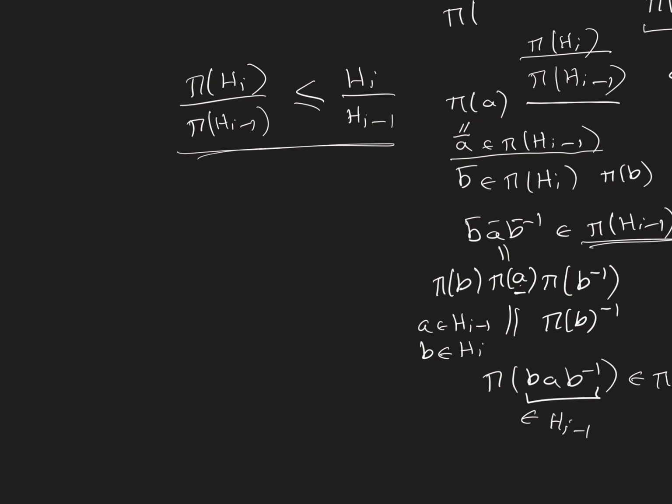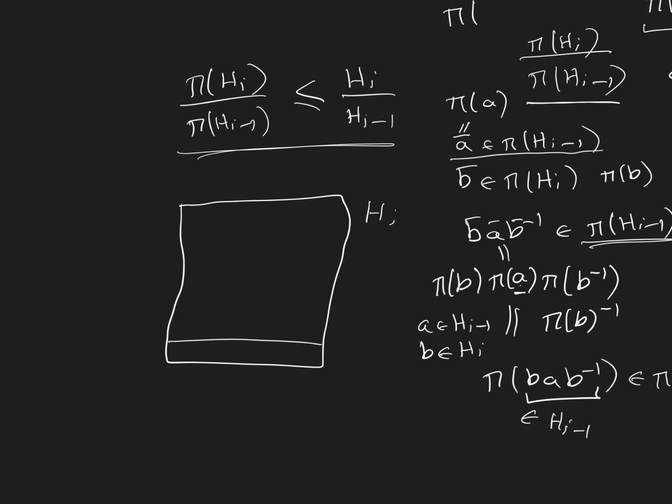It's because if we have Hi here, let's say this is Hi, and then we're quotienting out by Hi minus 1 here. So this is us splitting Hi into the cosets of Hi minus 1, like so.